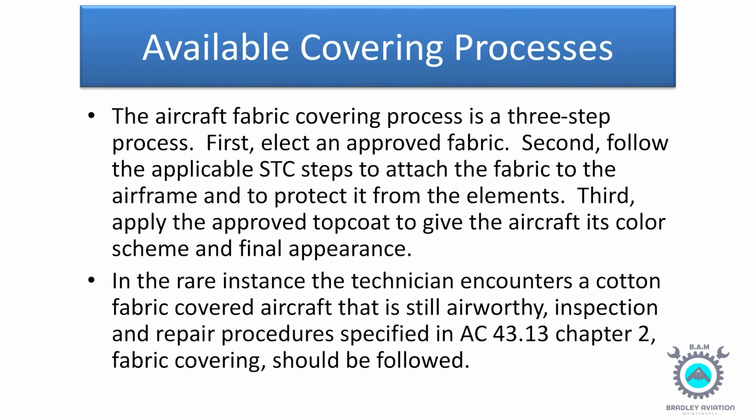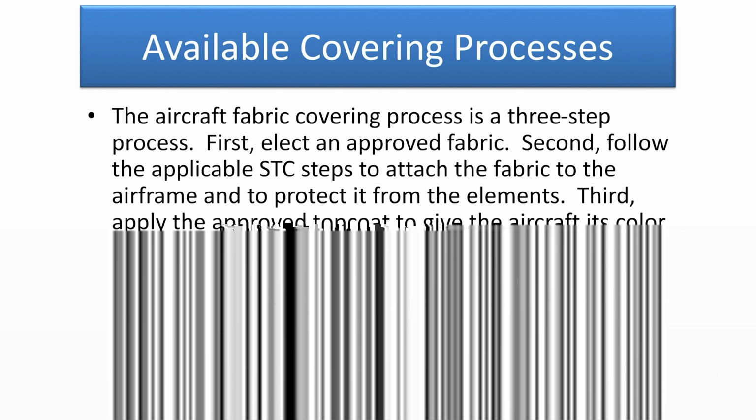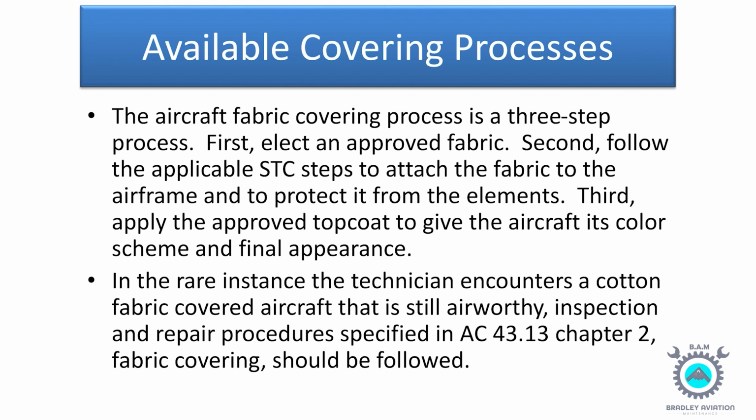Available covering processes. The aircraft fabric covering process is a three-step process. First, select an approved fabric. Second, follow the applicable STC steps to attach the fabric to the airframe and to protect it from the elements.